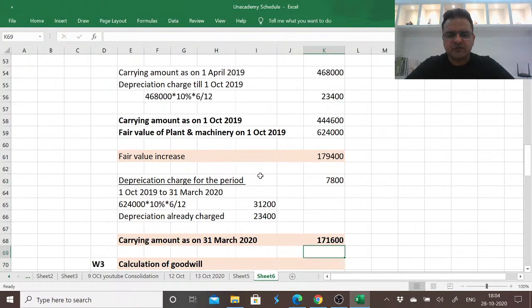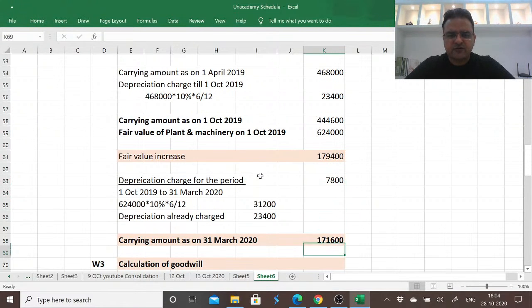The depreciation charge was 23,400. What would have been the depreciation for the next 6 months? Since the fair value of plant and machinery is 624,000 and the rate of depreciation is 10%, 6 months depreciation is 31,200. 23,400 has already been charged. That means depreciation charged for the remaining increased value is 7,800.